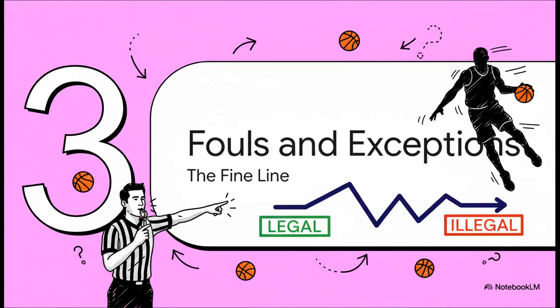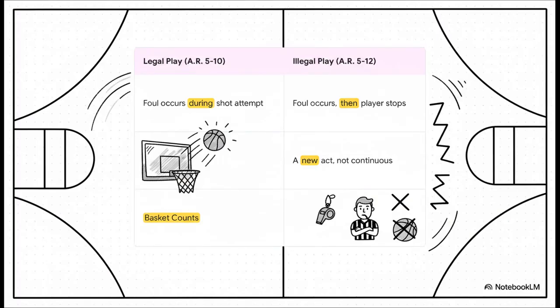But of course, it's never quite that simple in a real game, is it? There's a really fine line between a legal continuation and an illegal one, and it all comes down to what happens right after the foul. This is where all the tricky exceptions come into play and why these calls can get so tough. This chart breaks down two specific casebook rulings that really show the difference perfectly. Okay, look on the left.